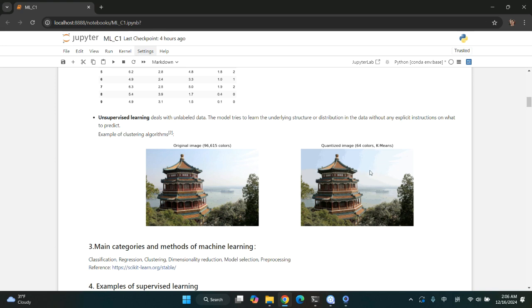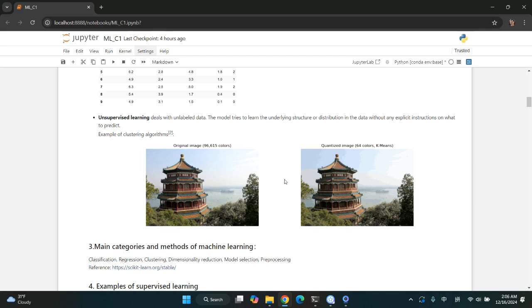So it can help us easily store the original picture. We compress the data to reduce its size.